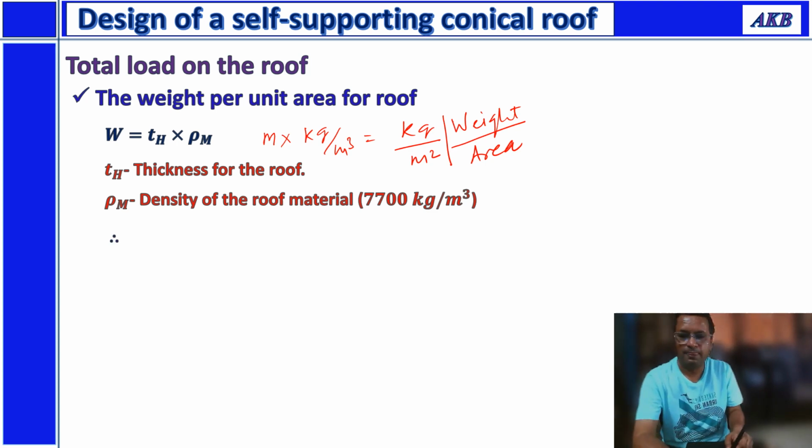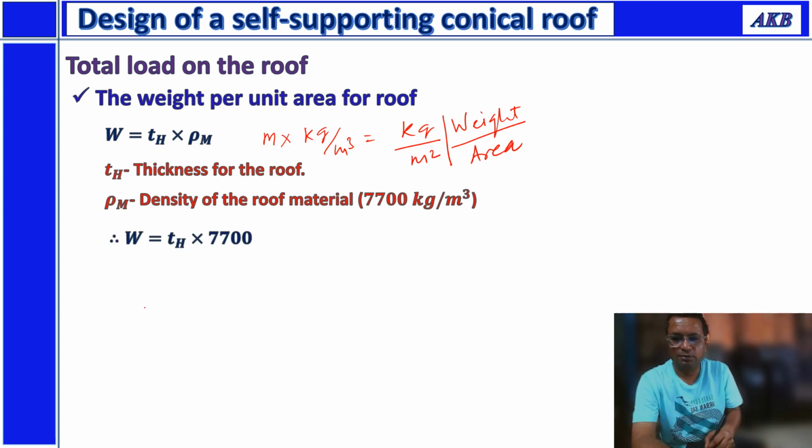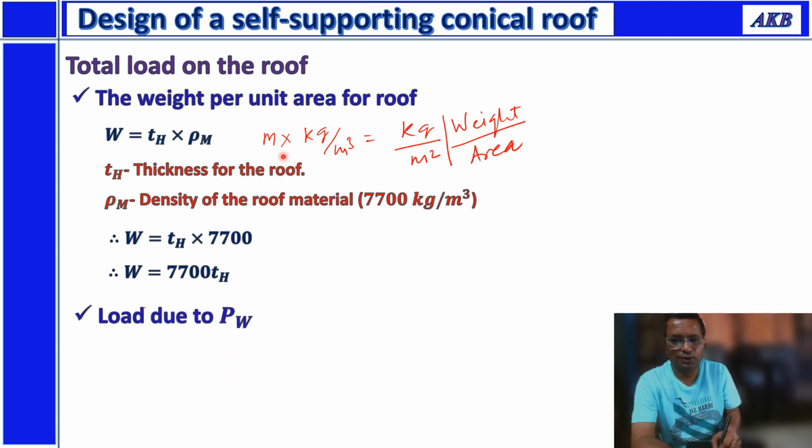Therefore W will be equal to TH into 7700, that is W is 7700 into TH. So that is the weight per unit area of the roof. Now let us calculate the load due to this W. We are calculating the load due to the weight per unit area of the roof. So it will be W into G.